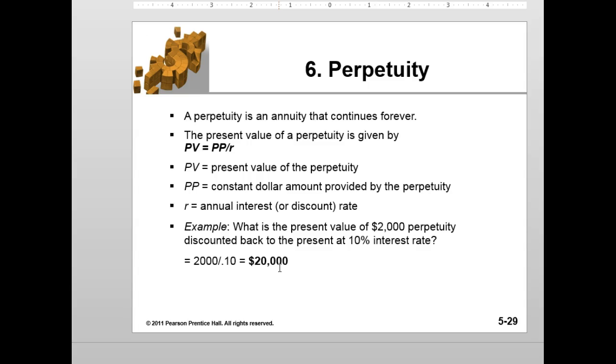It's a very clean, neat equation. It's very easy to use. And this you're probably going to use. You'll use this for a stock, the return on a stock, to see how much that investment is worth, the present value. And we'll use that in the future.